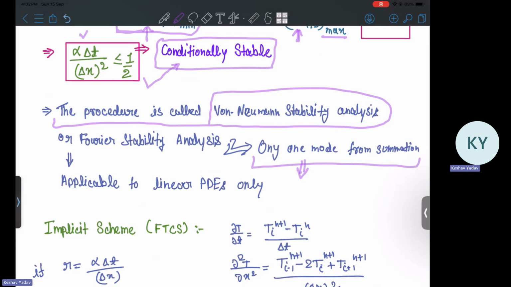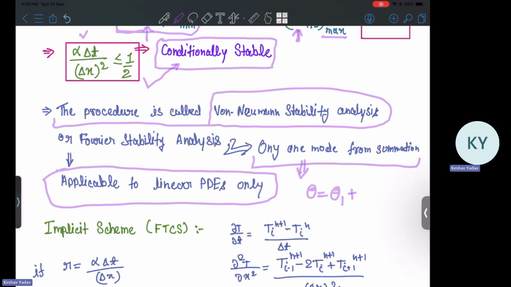So this can be applicable only for linear PDEs. In a linear PDE, if theta 1 and theta 2 are solutions, then A1 theta 1 plus A2 theta 2 is also a solution of the PDE. Okay.